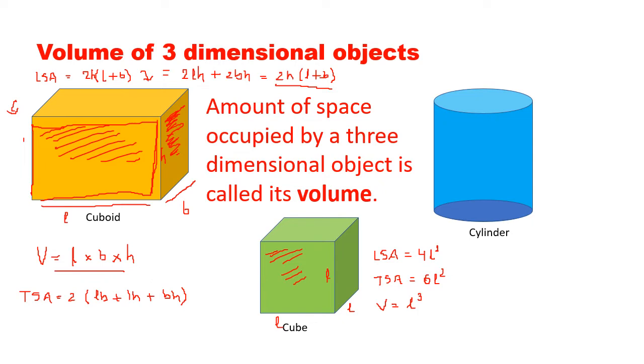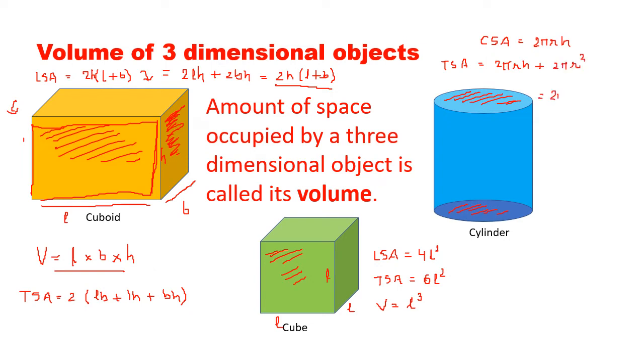In the cylinder, we have the lateral or the curved surface area. In cube and cuboid, we call it lateral. In cylinder, we call it curved surface area. It was given by the formula 2 pi r h. And the total surface area was the curved surface area plus the circular area at the top and the circular area at the bottom, giving us 2 pi r square.